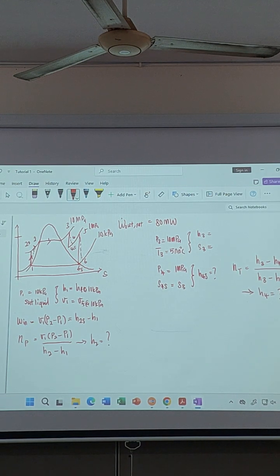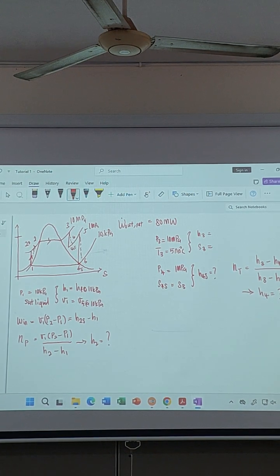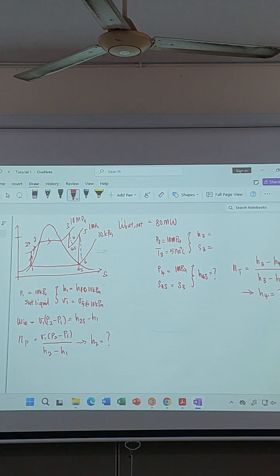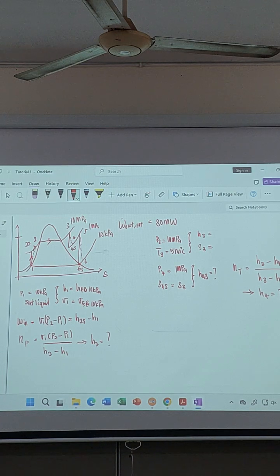You have H4, you have T5 or P4. You can compare with the table to see what state it actually is. Now, I think for this turbine I usually put the answer in only for state 6. For this particular one, I think it is a superheated vapor. So you can check the H4 value again.